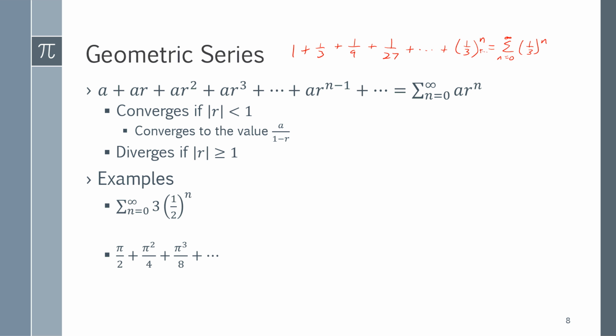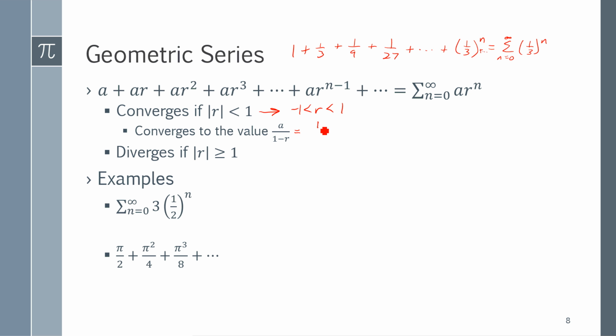Well, that converges if the common ratio's absolute value is less than 1, or you'll sometimes see it written as my common ratio is between -1 and 1, but can't equal those. With a geometric series, we can actually say exactly what it converges to.